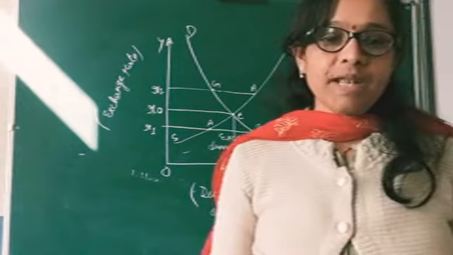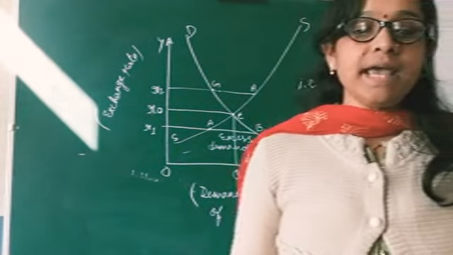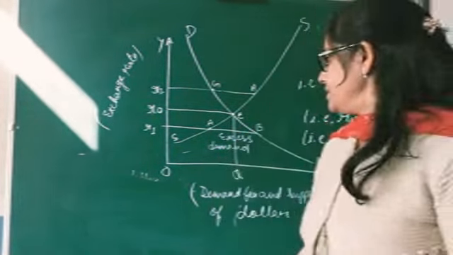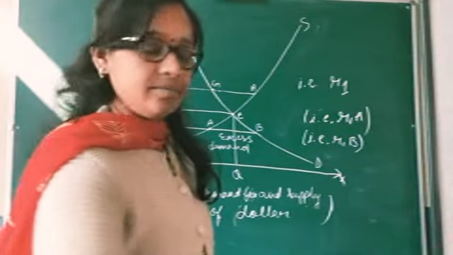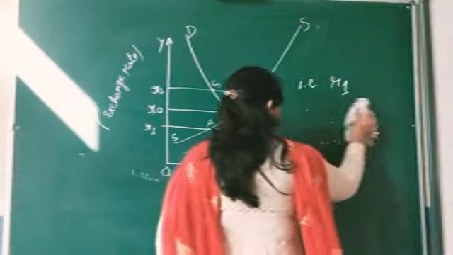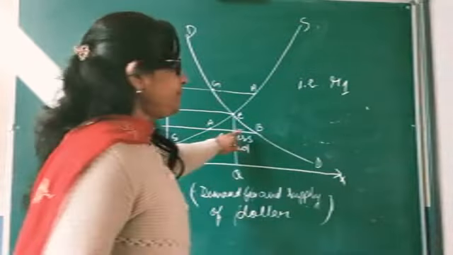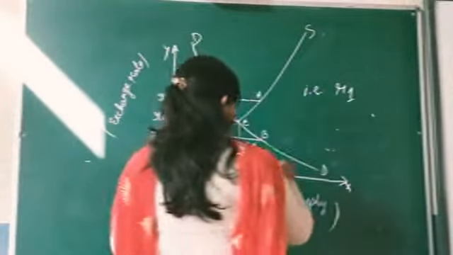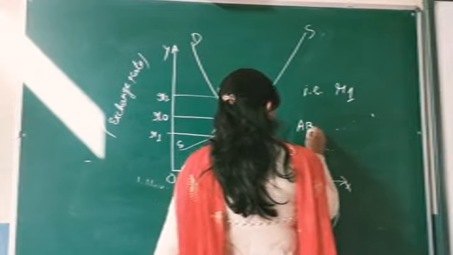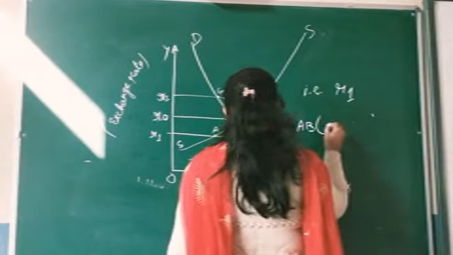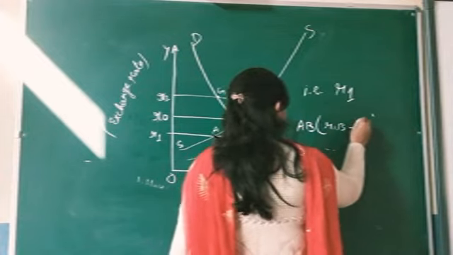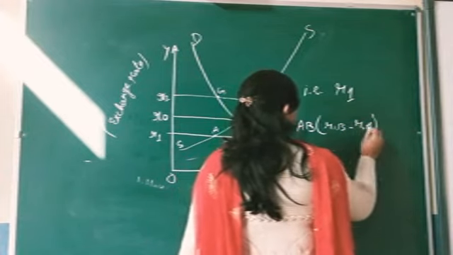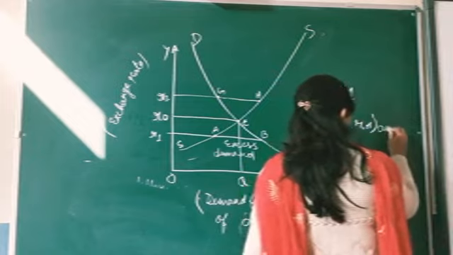So the demand of dollar exceeds the supply of dollar by AB amount, that is R1B minus R1A, AB amount.